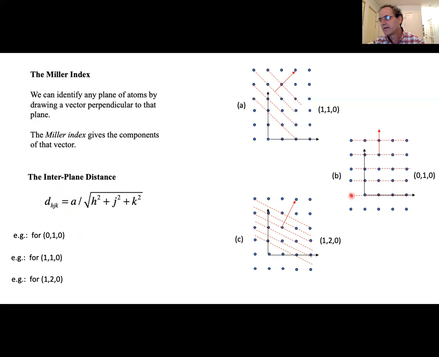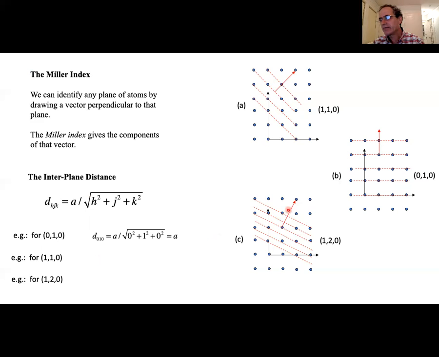So for example, for this case, where the Miller index is 0, 1, 0, it's easy to show that the plane spacing that we observe will just be the lattice constant, a. So the plane spacing is just the same as the distance between identical atoms. But for the case 1, 1, 0, it'll be different, right?